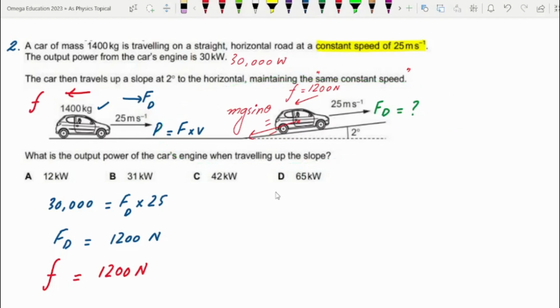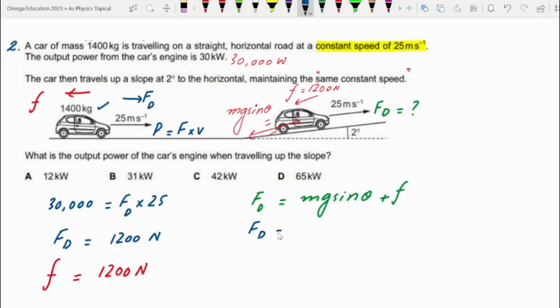So what is the sum of forward forces? Well, it is FD, because we have only a single forward force. What is the sum of the backward forces? Well, it's going to be mg sine theta plus the frictional force. So what is the driving force that we need this time around?